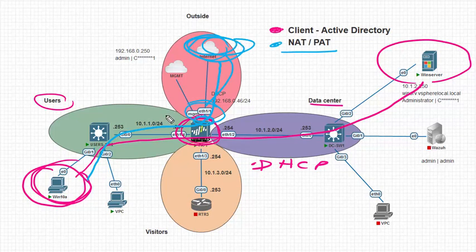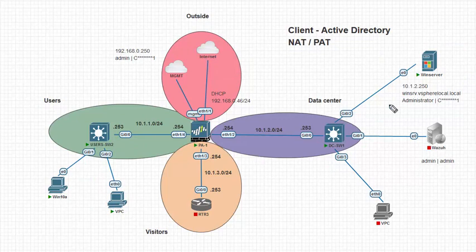But we are also working on a private address scheme here, so we need to NAT and PAT it out again for it to work. I'll go through these details with you, and we'll discuss it in a little bit more depth as we go through. So let's move on now to have a look at the Palo Alto, and let's talk about the config that we've got set up there.